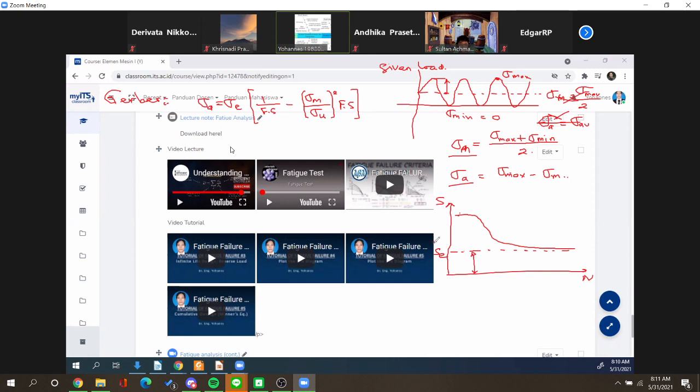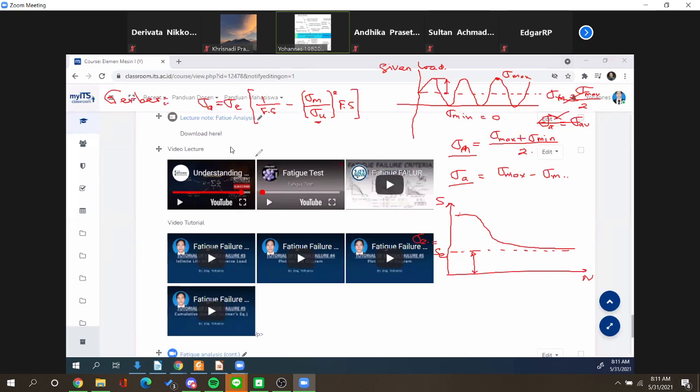So this endurance strength defines the limit of the maximum load that can be held by the material, so that this material will not fail due to fatigue. And this material also has the ultimate strength as mentioned in static failure.